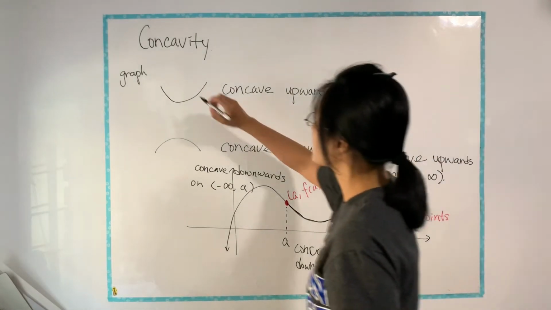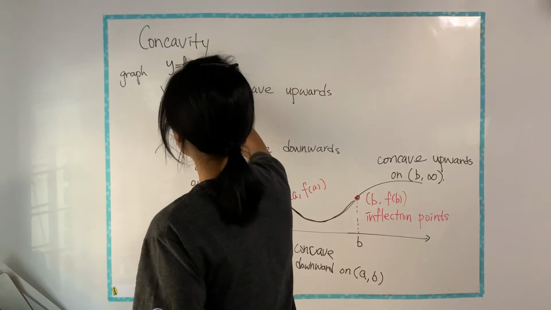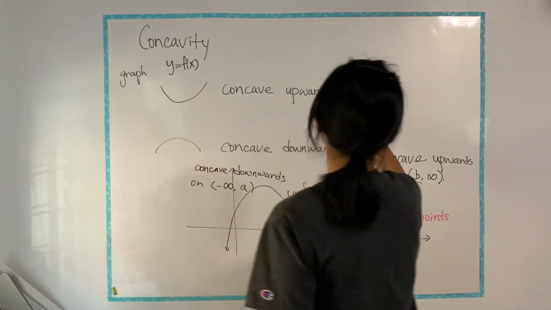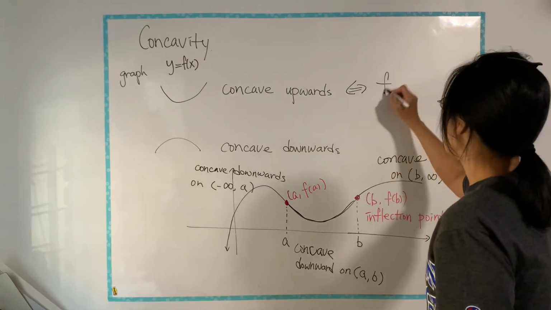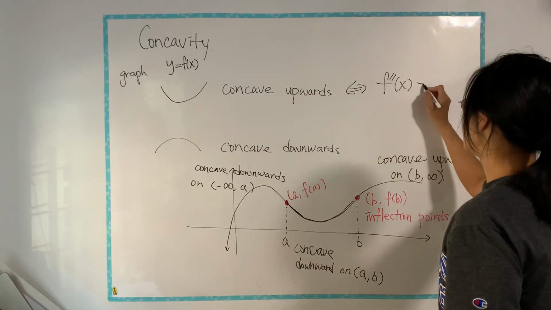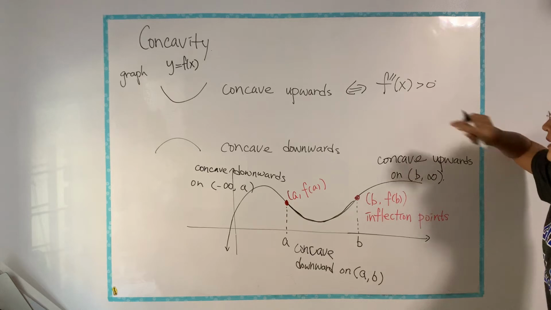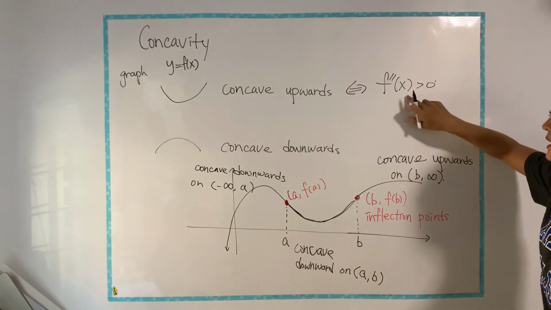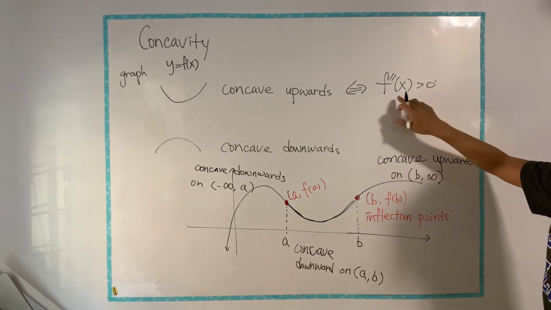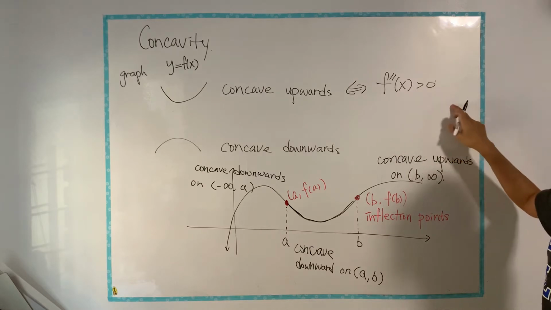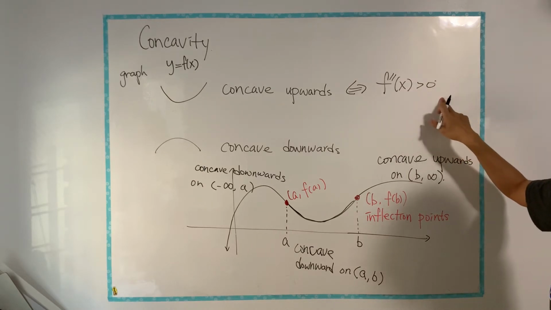So here, let's say I have y equal to f of x. If f double prime is positive, then the function is concave up on those x values where f double prime is positive.